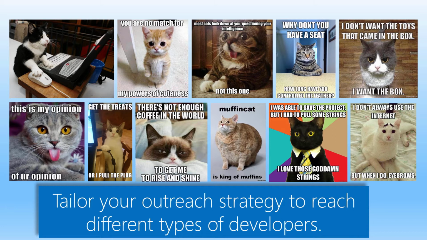And in the end, it all comes back down to the fact that there really is no one way to do segmentation. There's not one type of developer. If you do persona research, you might find that there are different developers within your target community who might be reached out to or might be appeased in particular ways.